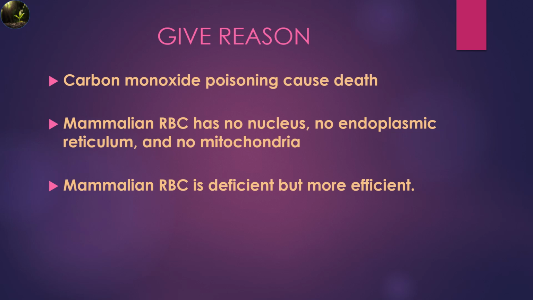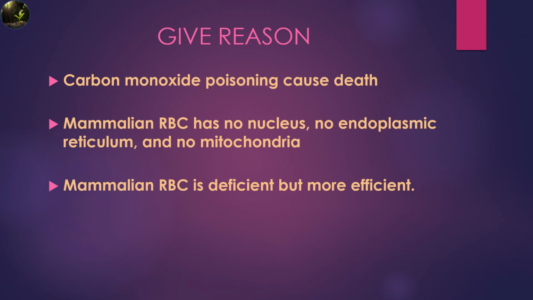Then why is it more efficient? It is efficient because of the absence of nucleus, it will carry more oxygen. Because of the absence of endoplasmic reticulum, RBCs are more flexible and can travel through very fine capillaries.